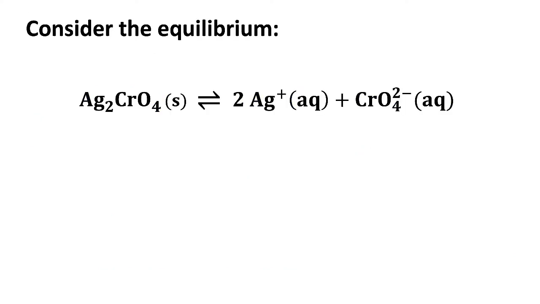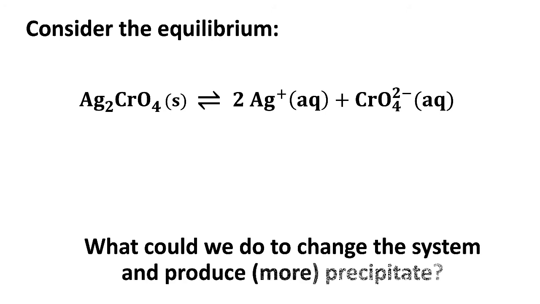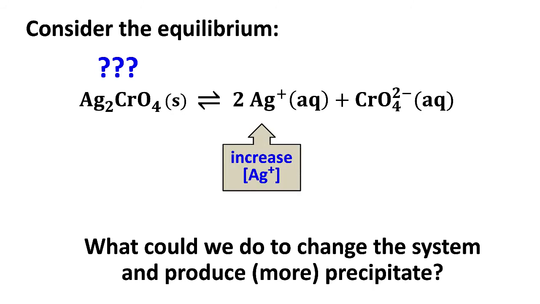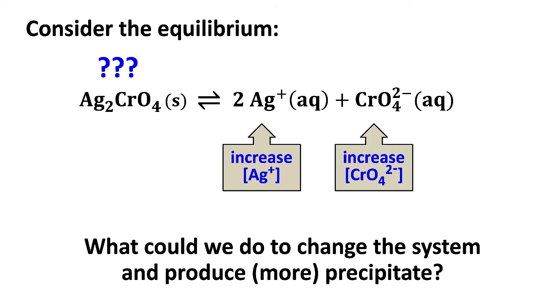Okay, now let's consider the equilibrium we just looked at, silver chromate in equilibrium with its ions. And what could we do to change this to make, let's say, more precipitate or get something to dissolve more fully? And like with any equilibrium, if we mess with it, for example here, if we increase the concentration of silver ion, or if we increase the concentration of chromate ion, that's going to disturb or be a stress on the equilibrium.